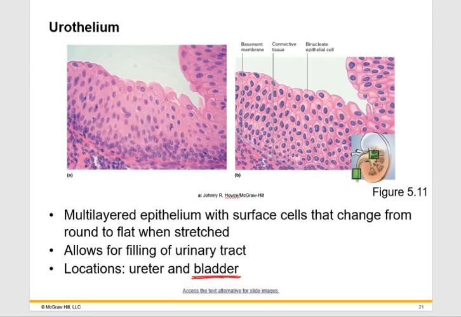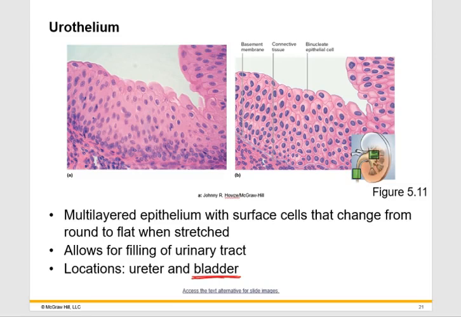If you think about what the bladder has to do, the bladder has to be shrunken down cells, and then as it fills with urine, they have to have the ability to swell and store and hold on to that urine until you're ready to expel it from the body. So this specialized stratified epithelium is only found in that one place.